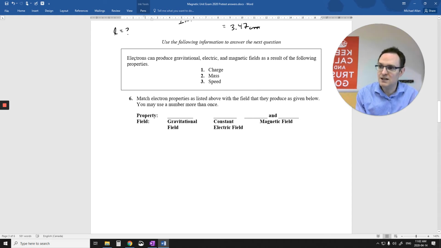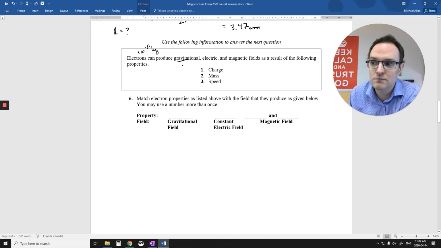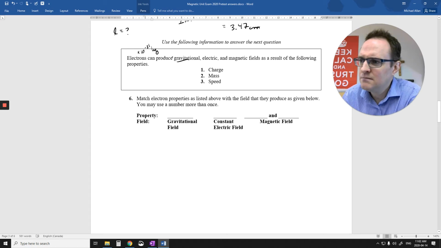So an electron, even though it has a mass of times 10 to the negative 31 kilograms, is still producing a gravitational field. Because it's charged, it's producing an electric field. And if it's moving, it could produce a magnetic field as well, because a moving charge produces a magnetic field.